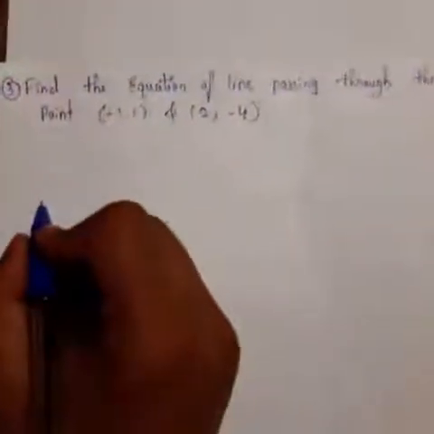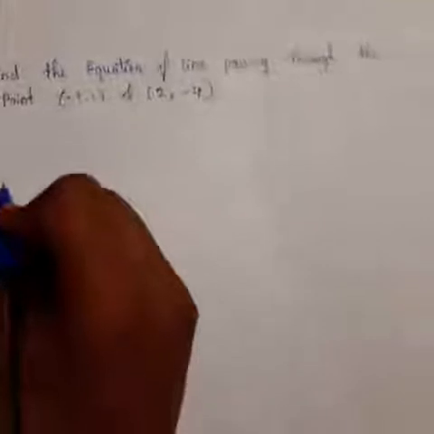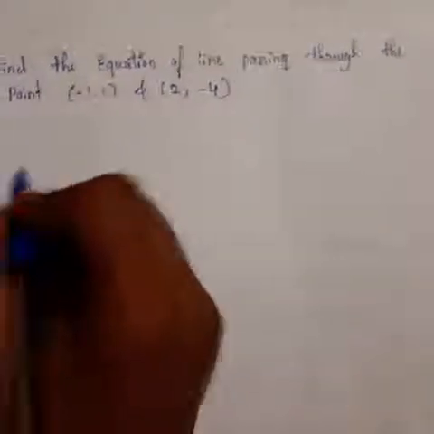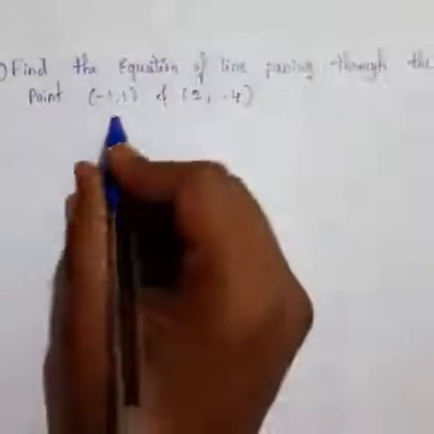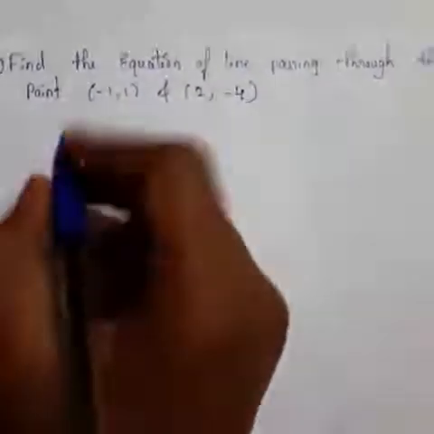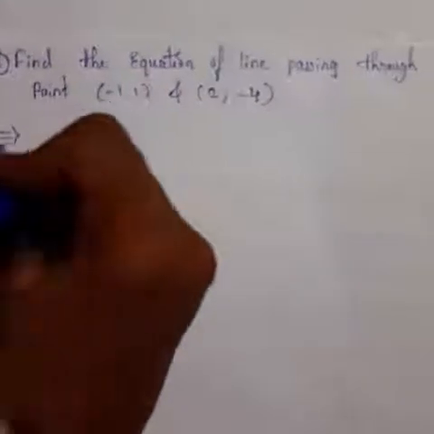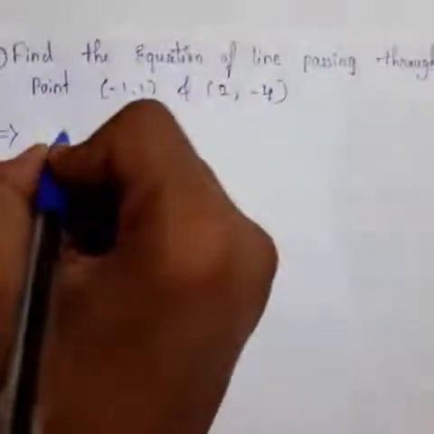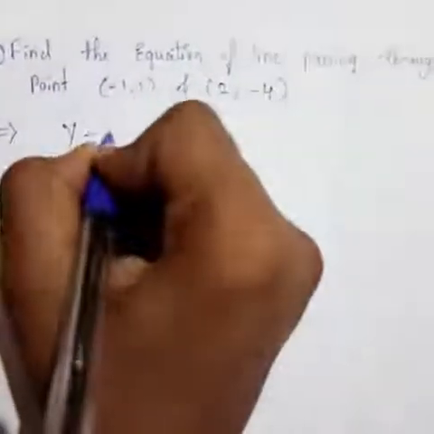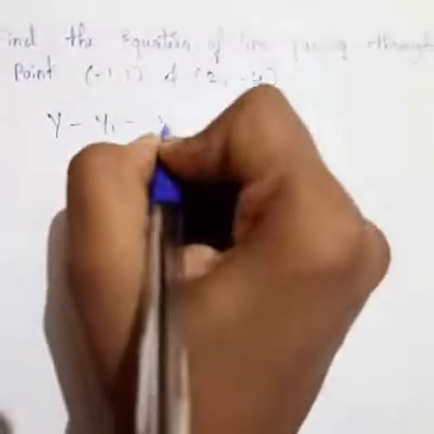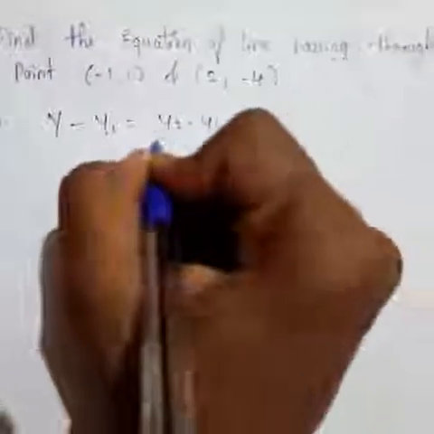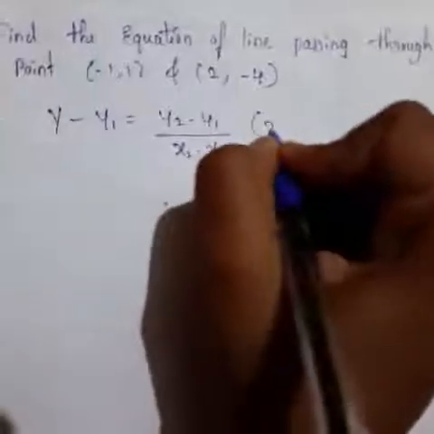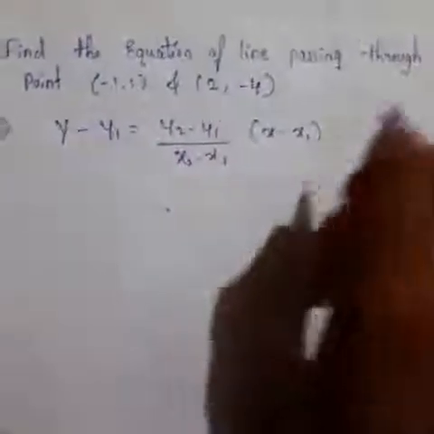The next question is, find the equation of the line passing through the points -1, 1 and 2, -4. They are given only 2 points, which means we have to use the 2-point formula, that is y minus y1 is equal to y2 minus y1 divided by x2 minus x1, into x minus x1.